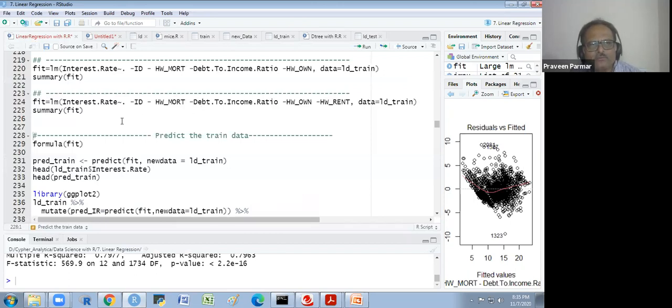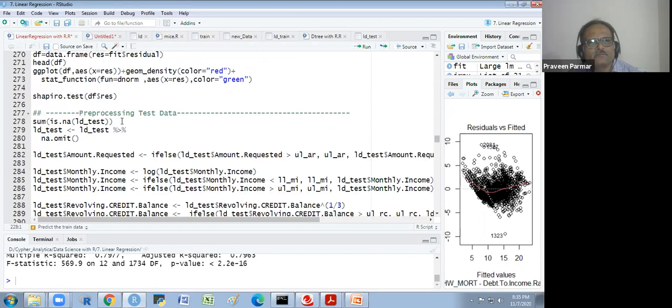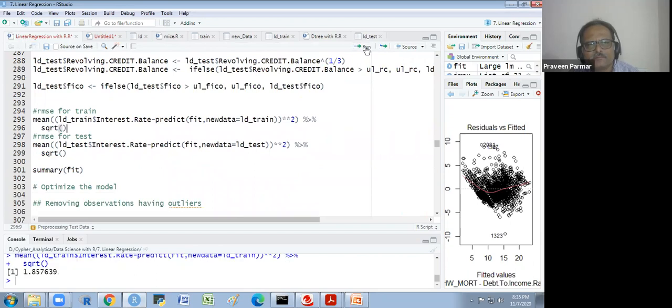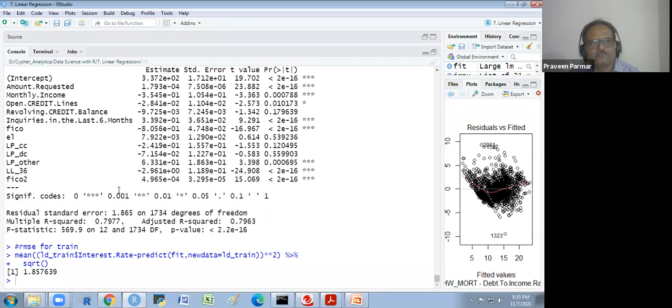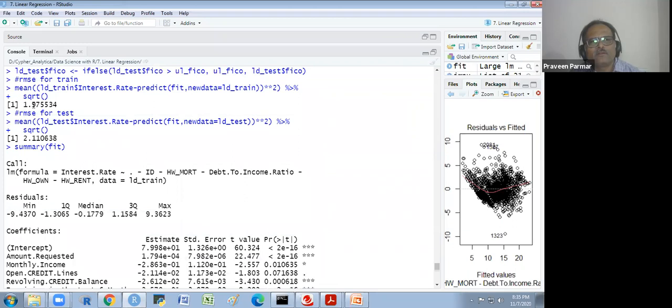I just show you that RMAC. Here I run it and it is 1.85. Got it? Previously we had this one for the training data.